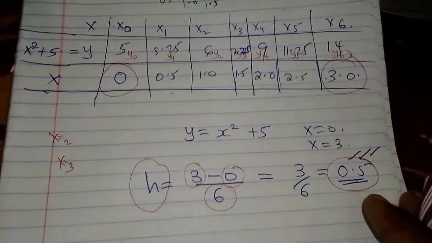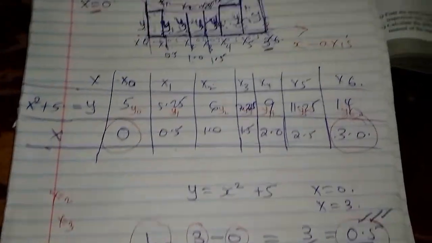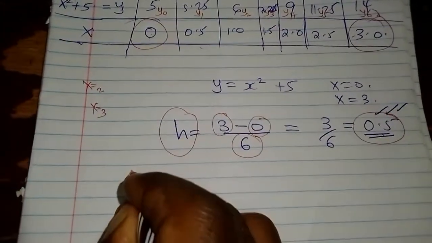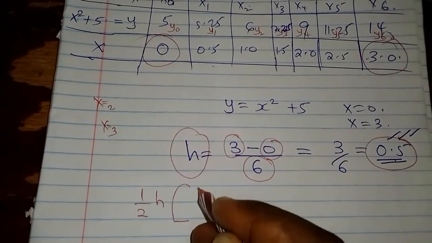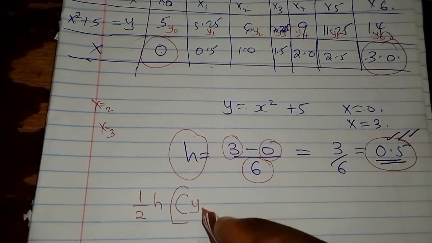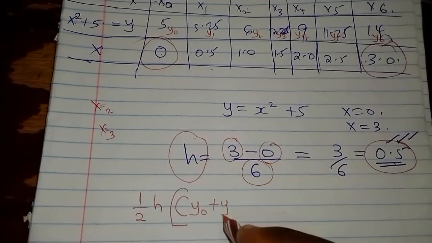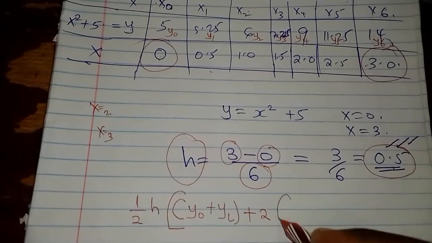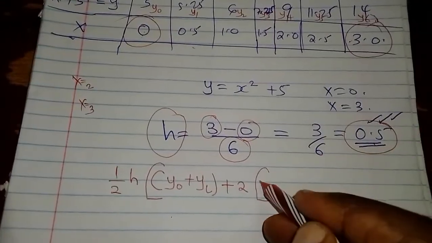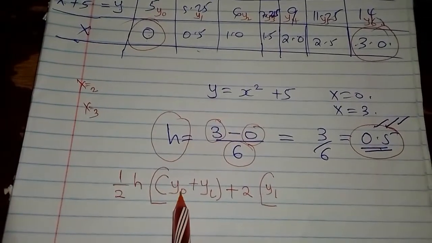The formula of getting the area of a trapezium as far as the trapezoidal rule is concerned reads a half h, open brackets, open again another bracket, y0 plus y last, close bracket, plus 2, open brackets again, then you say y1. It began from y0 and y last.